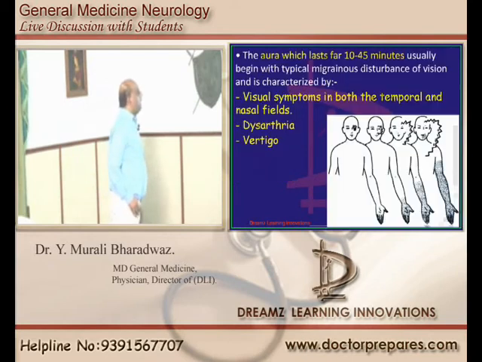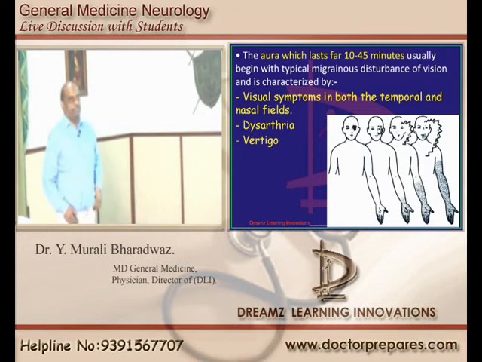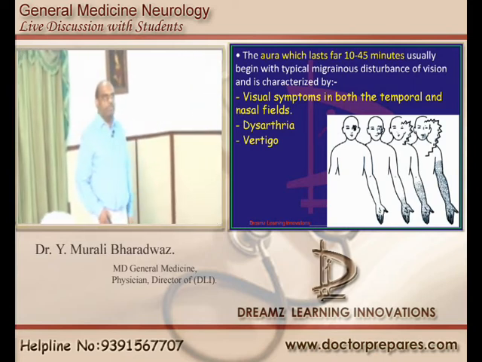There will be an aura which will typically precede it, and it mimics an ischemic stroke of the brain stem. This kind of aura will last for 10 to 45 minutes, and there will be visual symptoms in both temporal and nasal fields with dysarthria and vertigo. Why dysarthria?